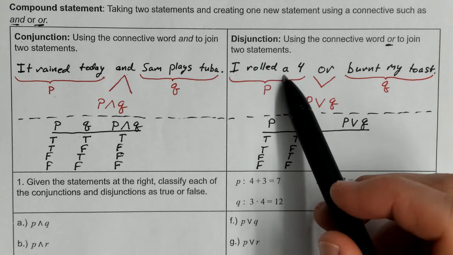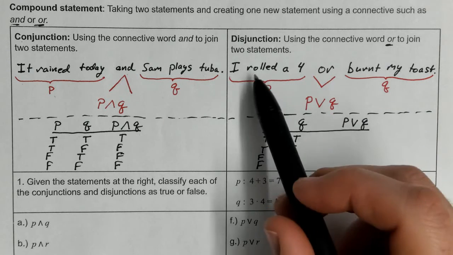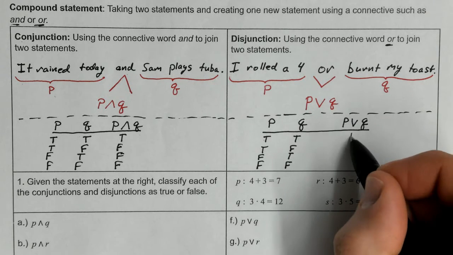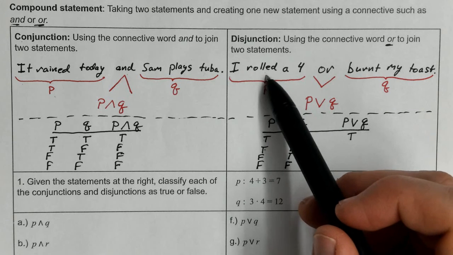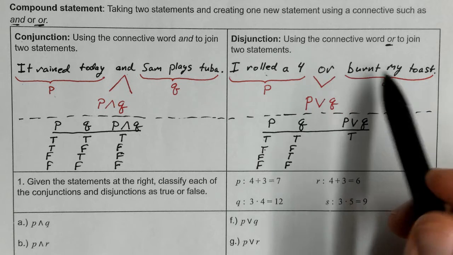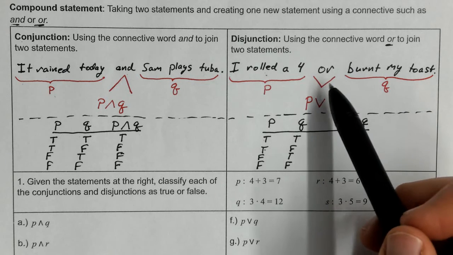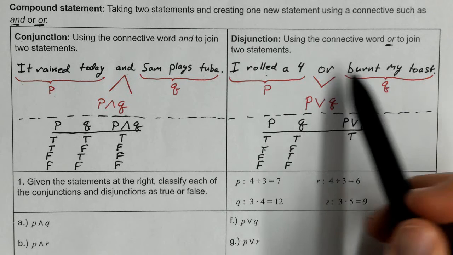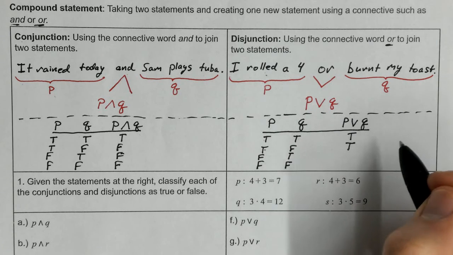So if I rolled a 4 is true and I burnt my toast, then the statement I rolled a 4 or burnt my toast is also true. True, false. Well, I rolled a 4, that would be true, but I didn't burn my toast. So the entire statement is still true, right? I rolled a 4 or I burnt my toast. Well, I did roll a 4, so then the overall statement is true. Okay.